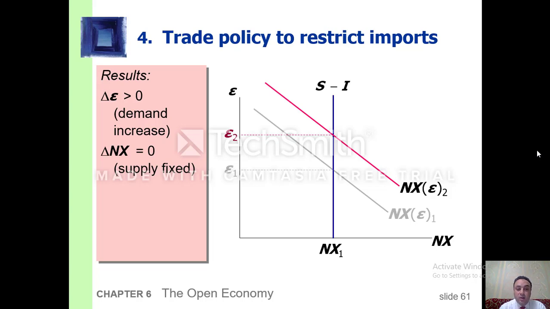The change in net exports will be zero as the supply is fixed. The change in imports will be less than zero according to this new policy, and the change in exports will be less than zero as the real exchange rate rises.